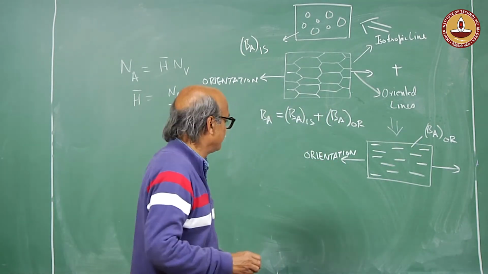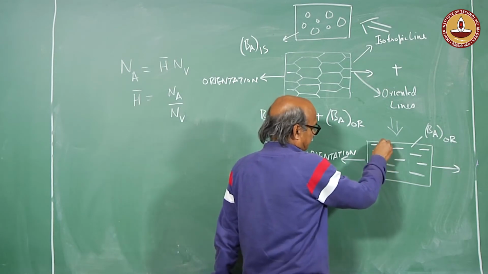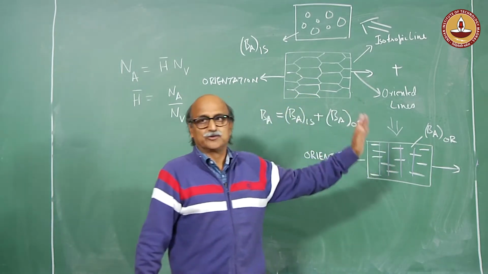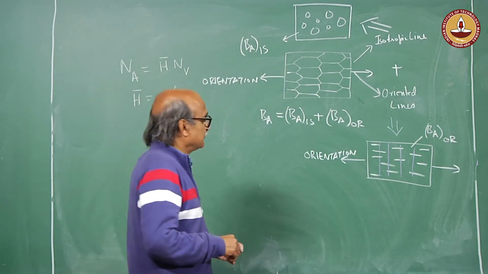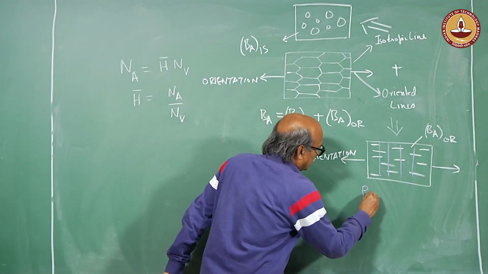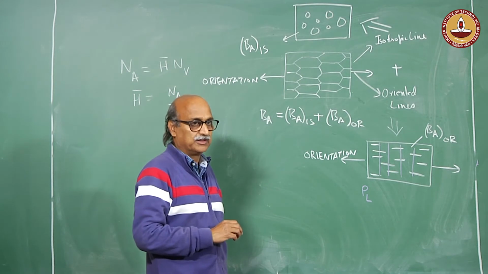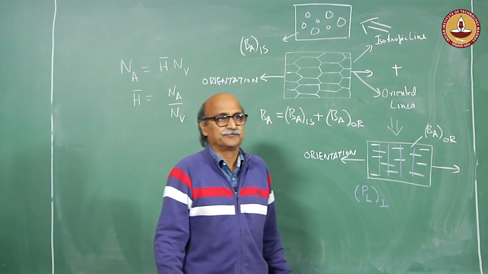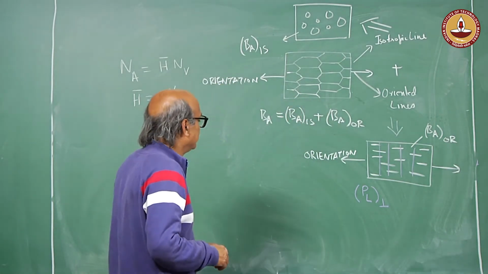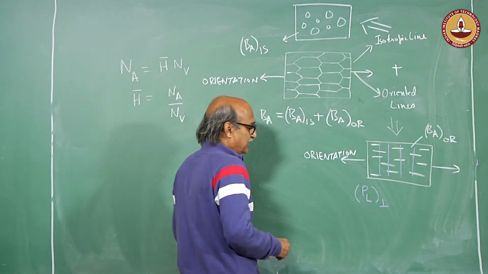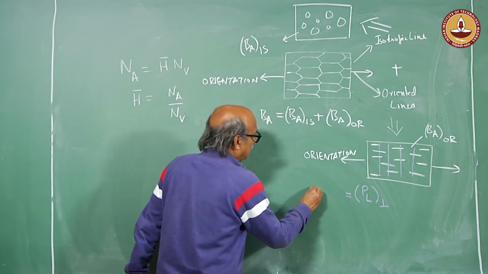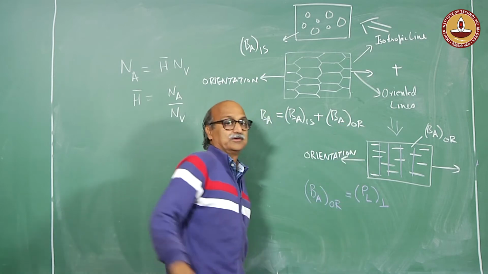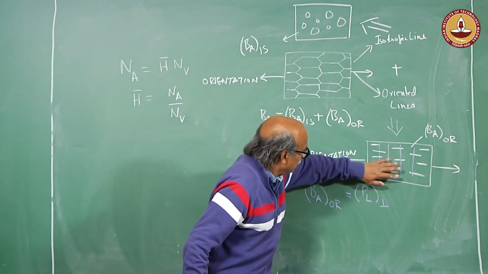I am going to give you a relationship: if I put my line probe perpendicular to the direction of orientation and obtain PL, number of intersections per unit length, which I will call PL perpendicular to the orientation, then this directly estimates the boundary length per unit area of all of these elements.